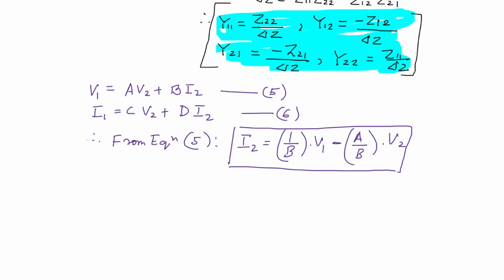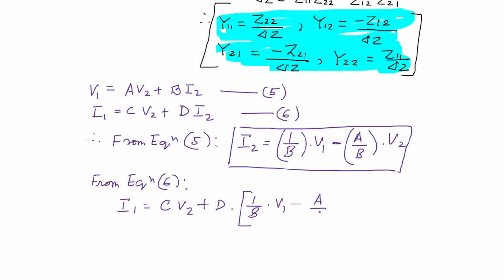If you substitute this value of I2 in equation 6, we get I1 is equal to CV2 plus D into I2. So I2 is this: 1 by B into V1 minus A by B into V2.